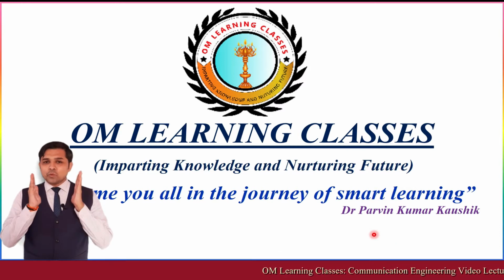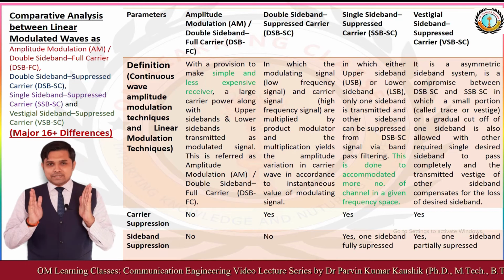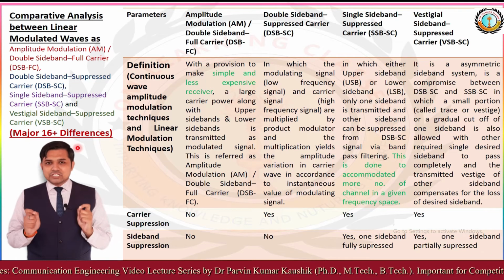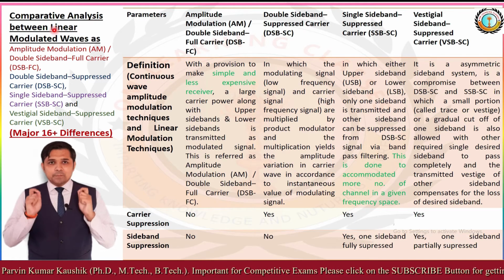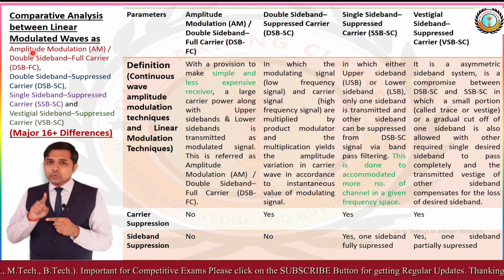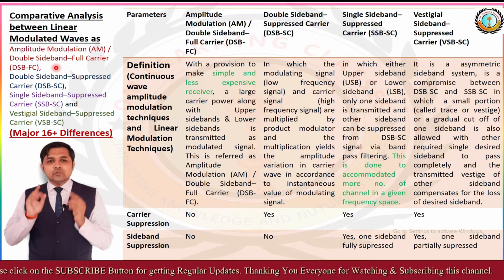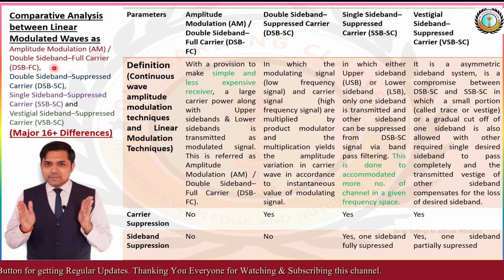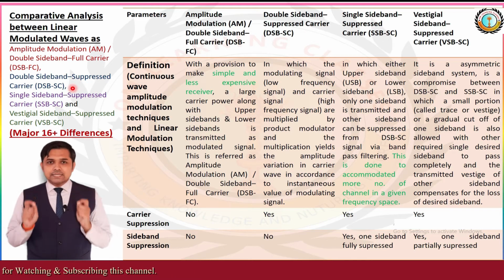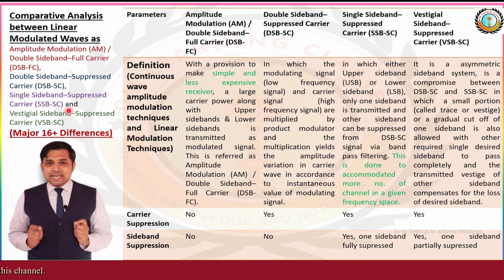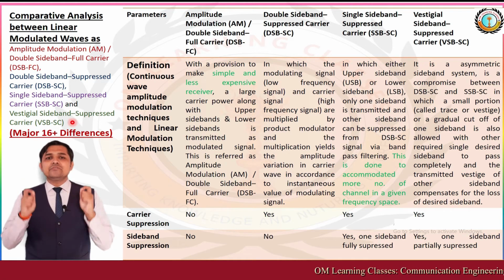And this lecture is most important, with quality and very important content. This lecture presents the comparative analysis between amplitude modulation AM, which is also known as double sideband full carrier DSB full carrier, and double sideband suppressed carrier DSBSC, single sideband suppressed carrier SSBSC, vestigial sideband suppressed carrier VSBSC.